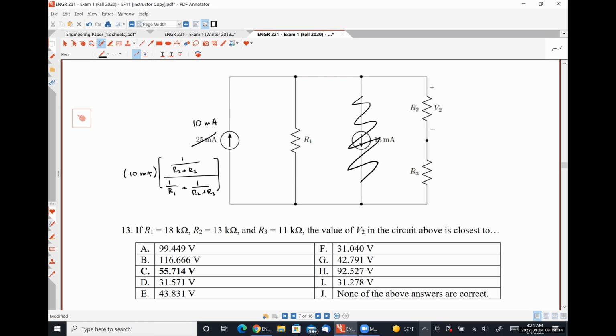So that gives us the current flowing in the right-hand branch. If we multiply that whole thing by a factor of R2, that gives us our voltage V2. That's a combination of current division and Ohm's law to get the answer in a single equation.